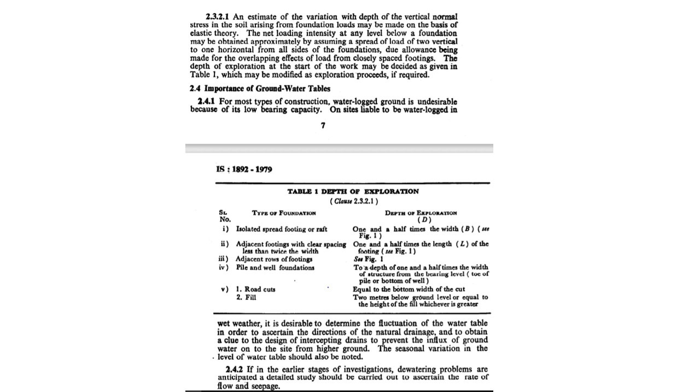so as I said, based on the type of foundation, they will be giving you what is the depth of exploration. That is something the engineer should know. This depth of exploration should be assessed, and you have to see that whichever foundation you choose, and whichever depth you are resting it, that depth plus the depth of the exploration should have sufficient bearing capacity.